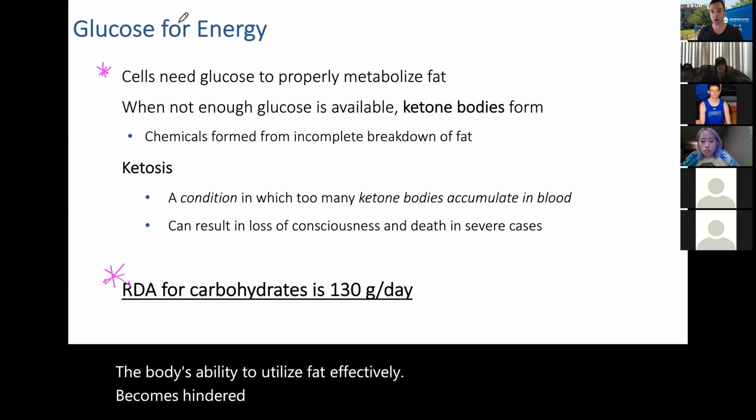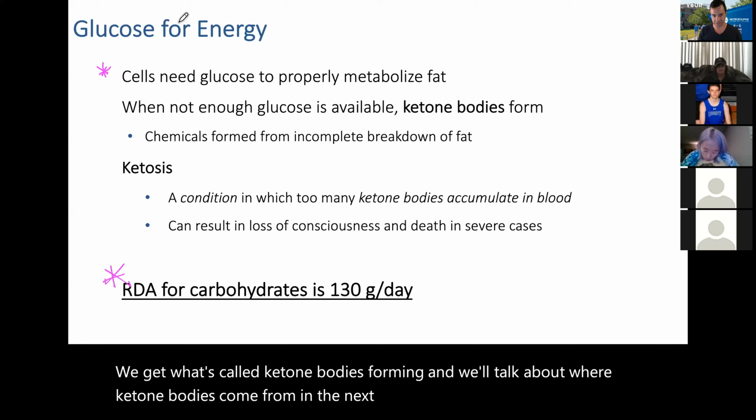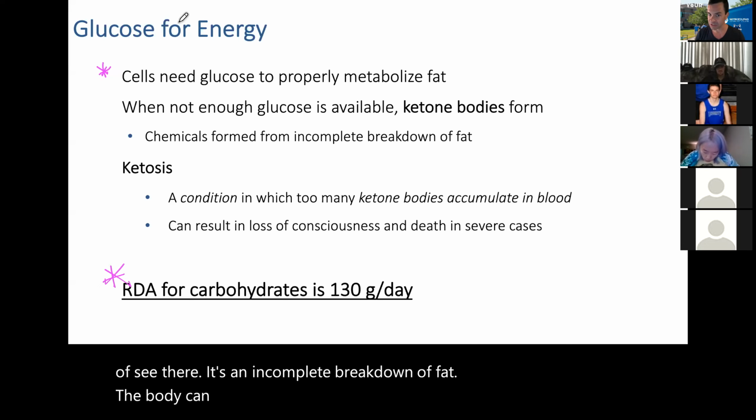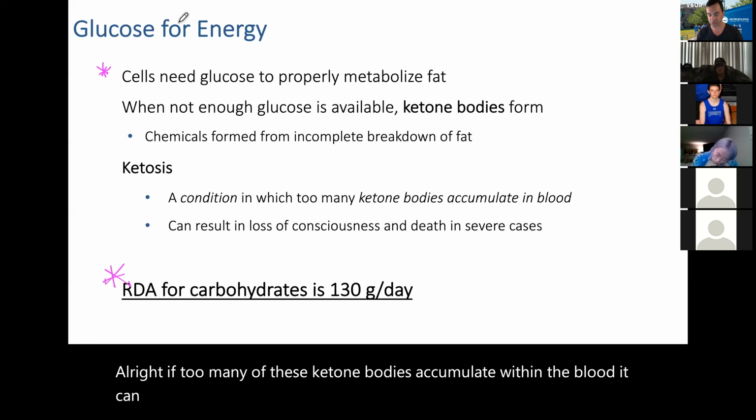We get what's called ketone bodies forming, and we'll talk about where ketone bodies come from in the next chapter. As you can kind of see there, it's an incomplete breakdown of fat. The body can use some of those ketones, some of them we can't. If too many of these ketone bodies accumulate within the blood, it can result in what's called ketosis.